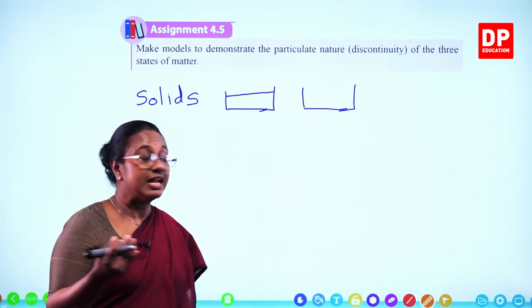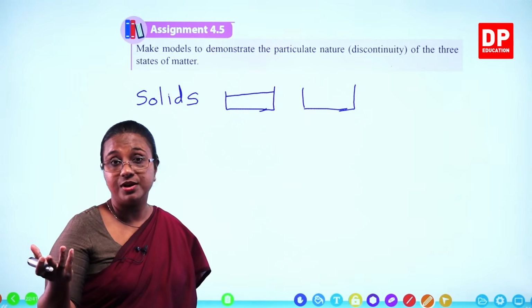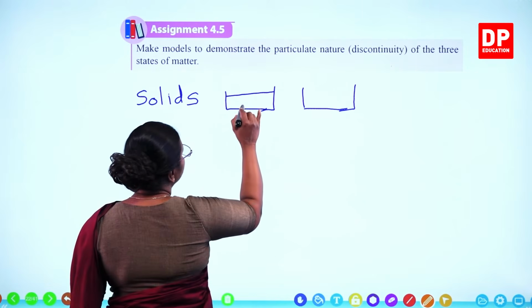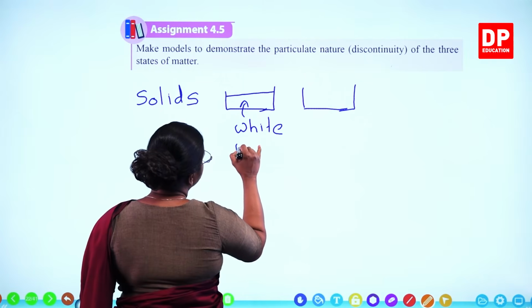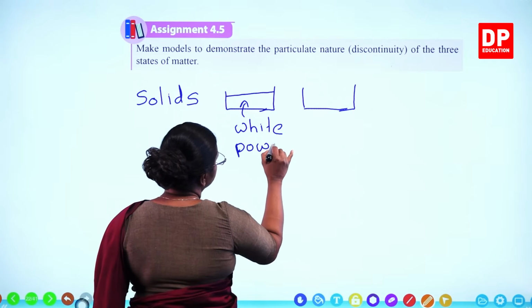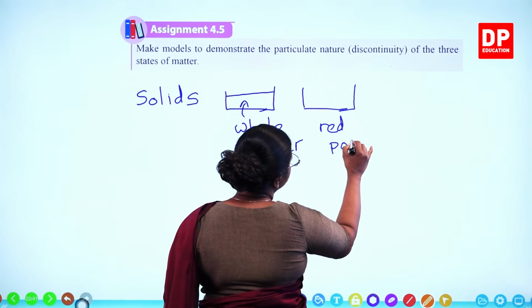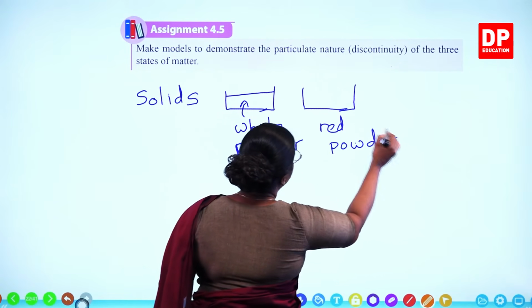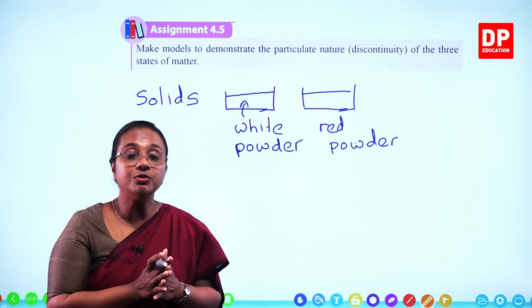Then I told you all, during the festival, you can use these colored powder. So what you can do is, you can take white color powder, and maybe red powder or different colors. And then you can put them into one container and you can try to mix them.